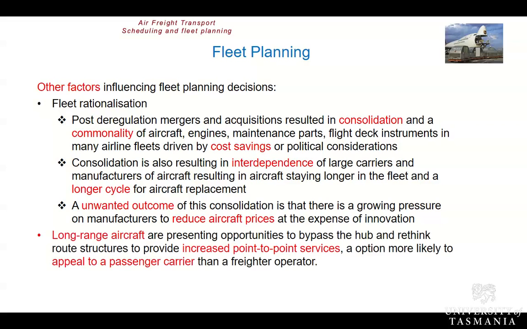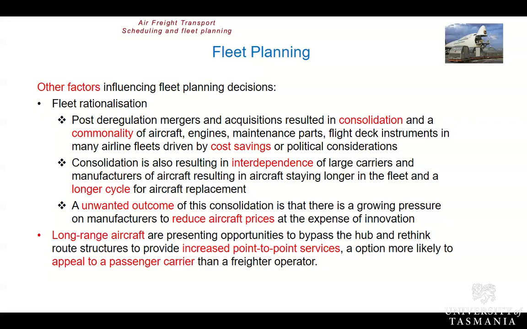That's one issue. And I guess the only other issue in regards to fleet planning, what we've said is that for the air cargo carrier, typically the hub and spoke system is a good approach for them. It works better. You've got cargo coming into one point, you've got the consolidation of the cargo there, and you've got increased payloads.